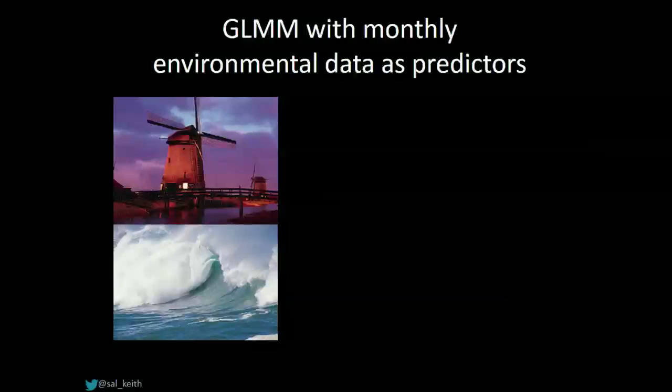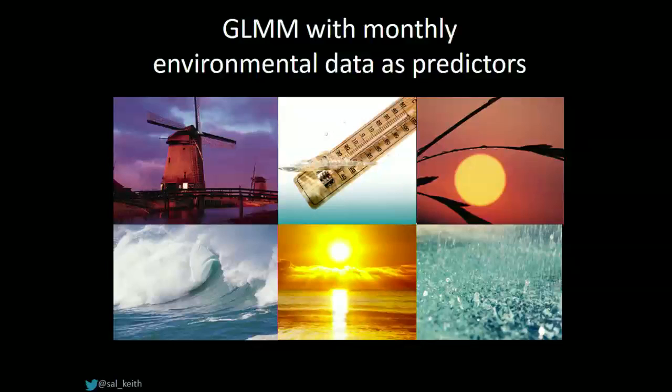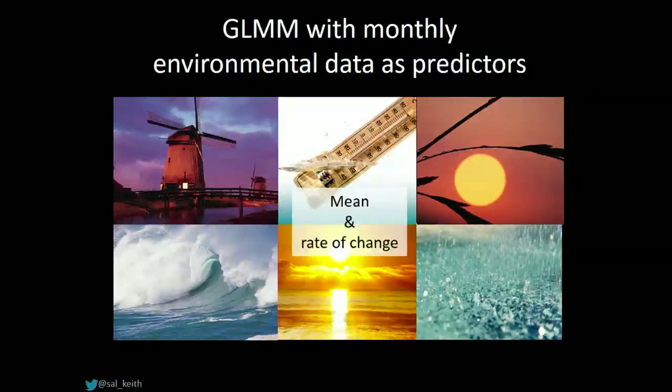These are wind speed, current speed, timing of sunset, precipitation, temperature, and solar insolation or photosynthetically available radiation. For those last two, we got the mean and the rate of change. The rate of change is particularly something that people have suggested might be more important than static means.